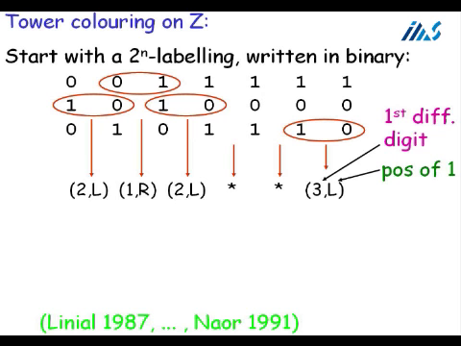Now, assuming you have a proper coloring originally, you're not going to get adjacent labels equal over here. The reason is, for example, if you had bit position i where the left vertex had a 1 and the right had a 0, next to it you're not going to have the same pattern, because then the left vertex would have had a 0.